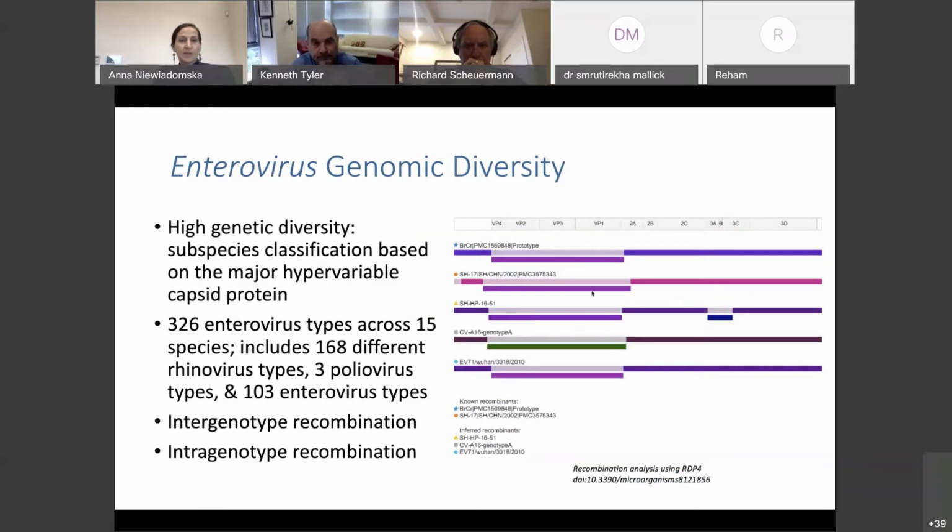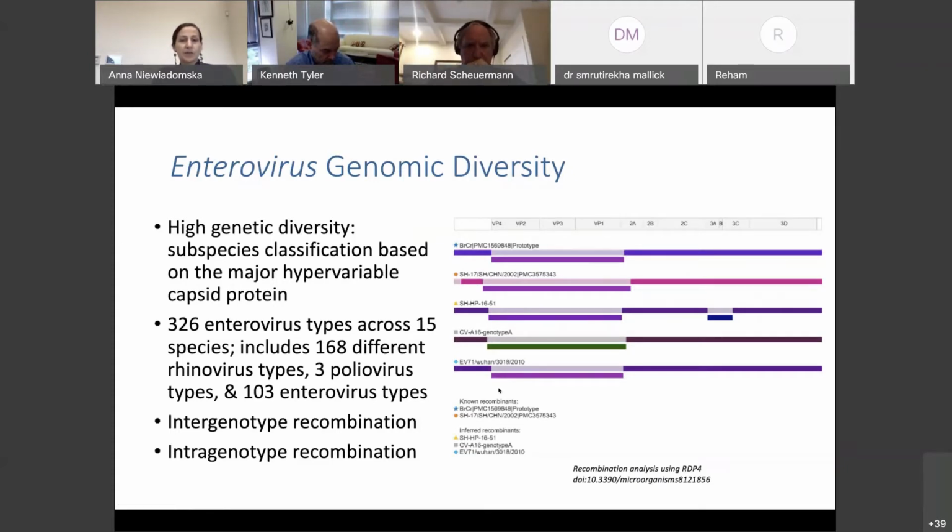And even in enteroviruses, there are 326 different types that are scattered across the 15 species. And this includes 168 different rhinovirus types, 3 poliovirus types, and 103 enterovirus types.